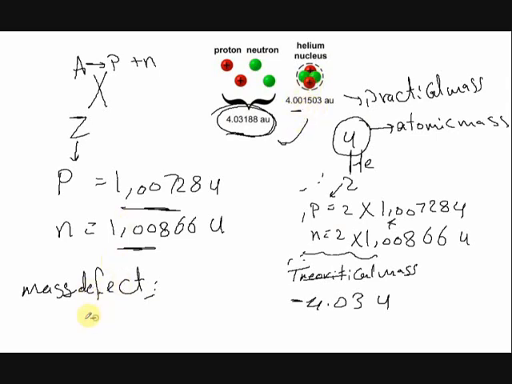So the mass defect equals theoretical mass minus practical mass. The practical mass for each element has a constant value. The theoretical mass we calculate from the number of protons times its mass plus the number of neutrons times its mass. We have a relation to calculate the nuclear binding energy, the energy that binds the components of the nucleus together.